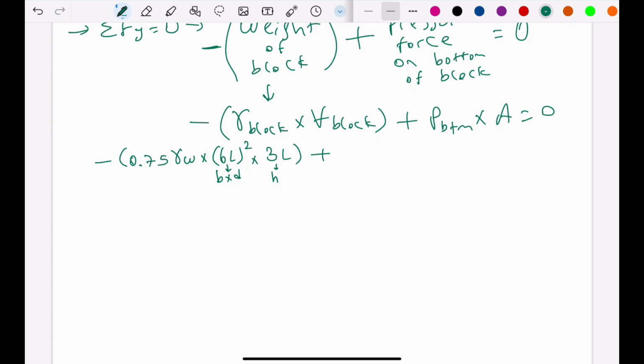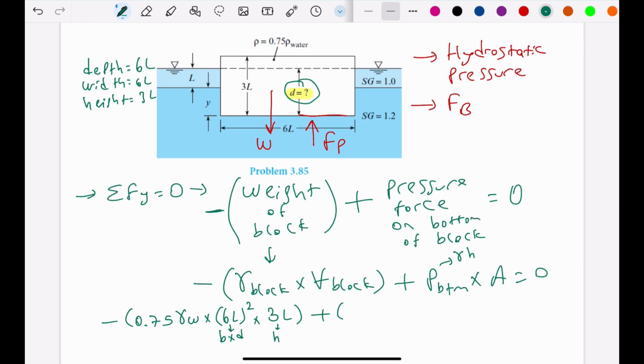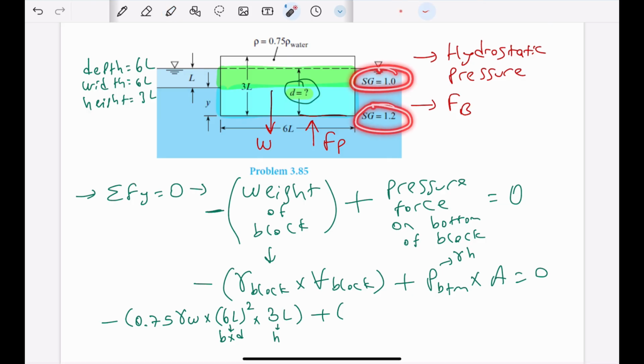Plus, we have pressure, and pressure is specific weight times depth. So we will have two different pressures because we have this part of the block and we have this part of the block. As you can see, we have two different fluids here, so we need to consider this part and this part separately.